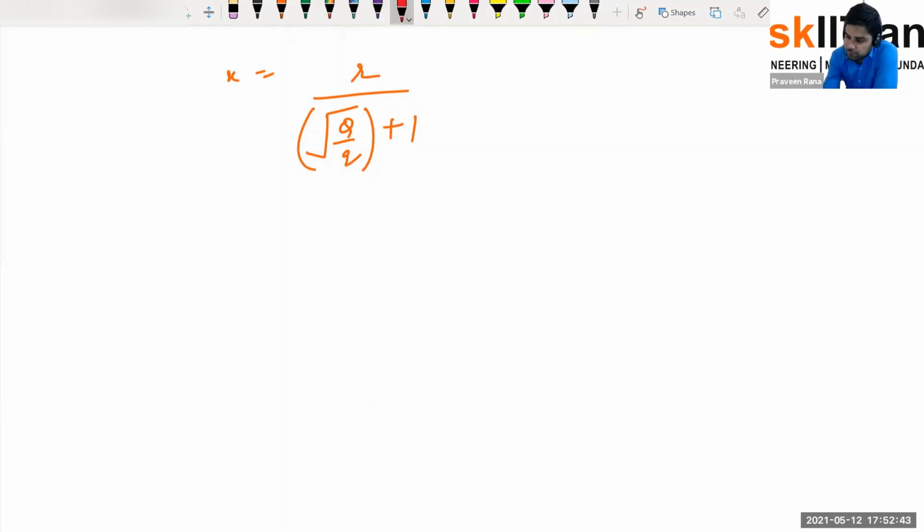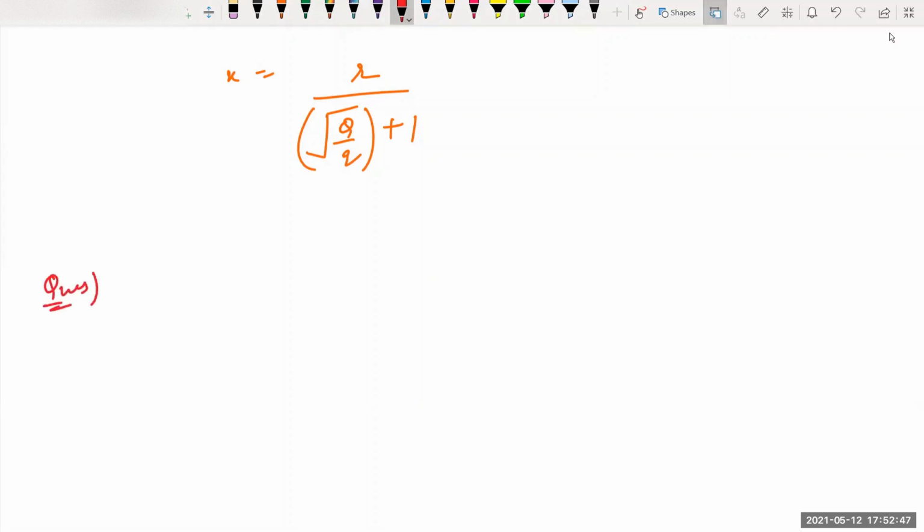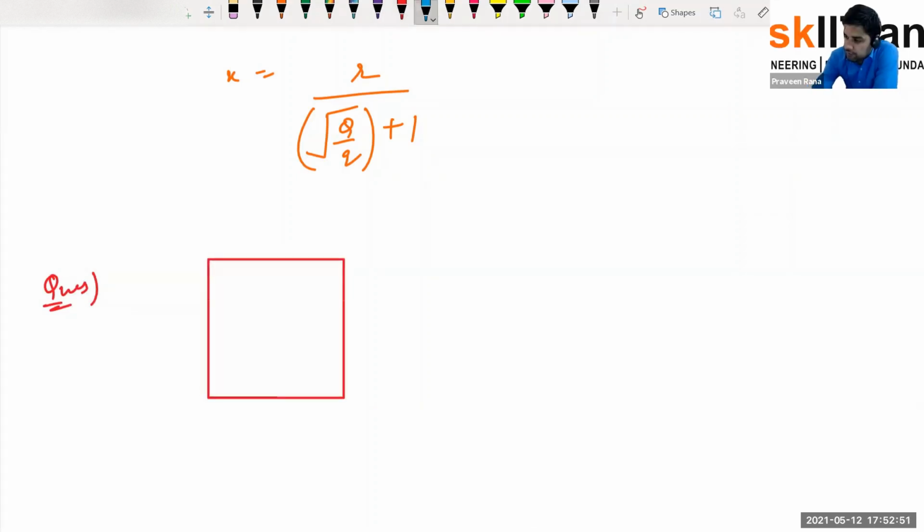Okay, no problem. Let's quickly solve another question. Let's say that we have two charges, capital Q and capital Q, placed on the corners of a square diagonally opposite, and the square is of side A. Can you tell me the net value of the electric field at this point P?